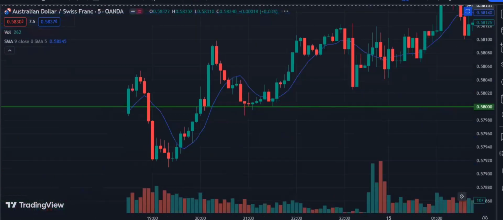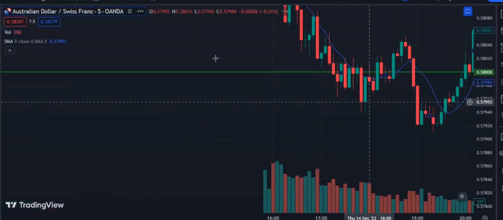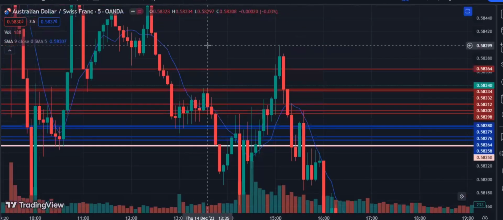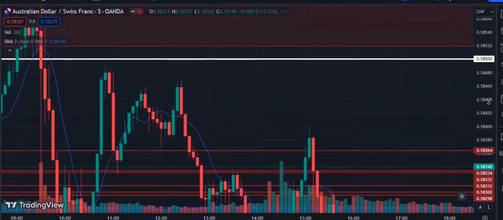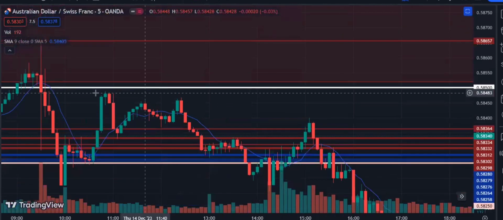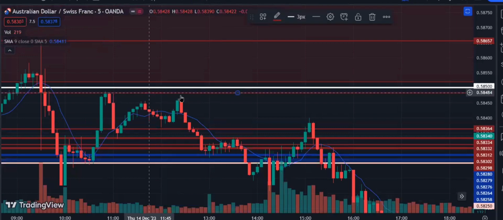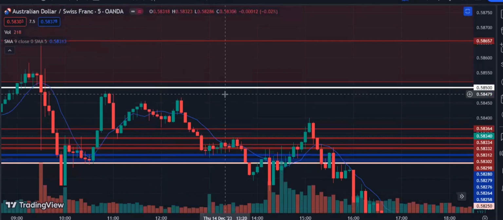That is the big difference between a ranging market and a trending market. Price tends to make a horizontal movement between key support and resistance levels. Okay, so we have something like this. Price comes here, it sells, comes down, it buys, comes up, it sells. All right, this is what a ranging market is.